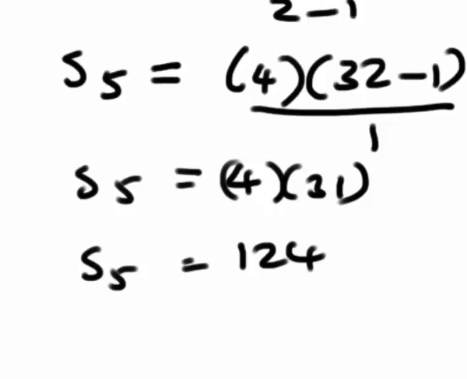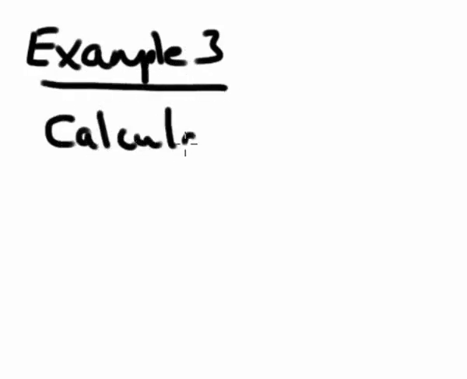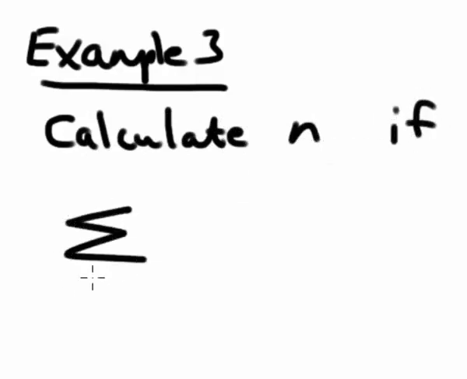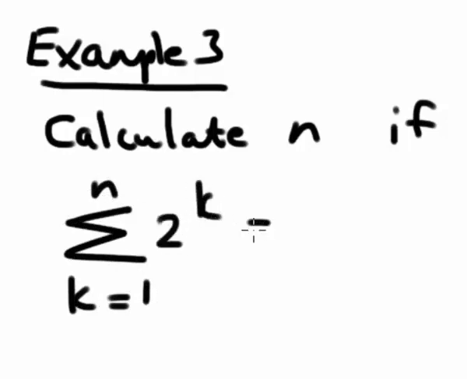Now let's do another one with sigma, which a lot of students tend to battle with. How about this example? These geometrics are wonderful. Calculate the value of n if the sigma from k equals 1 to n of 2 to the k equals 2046.